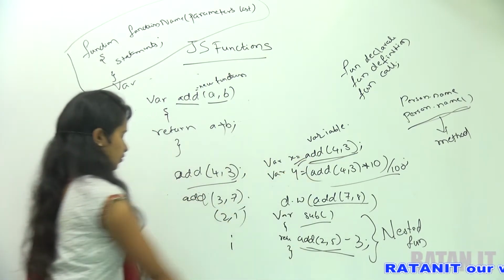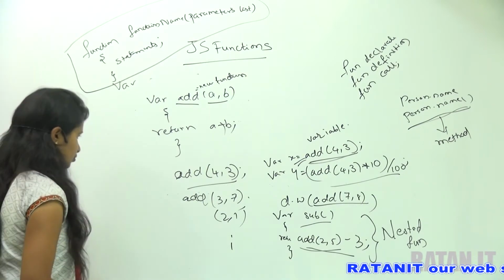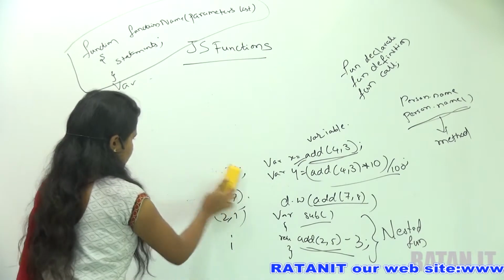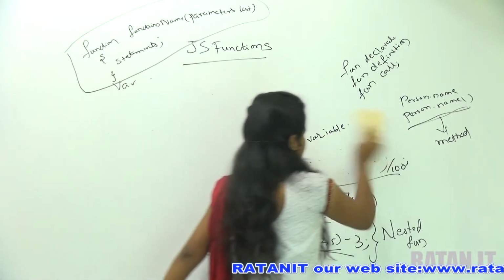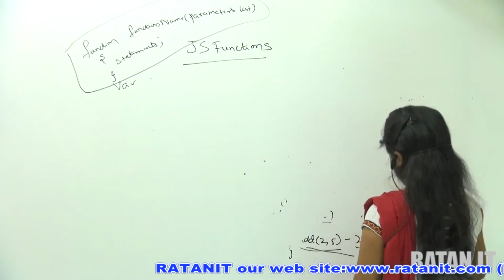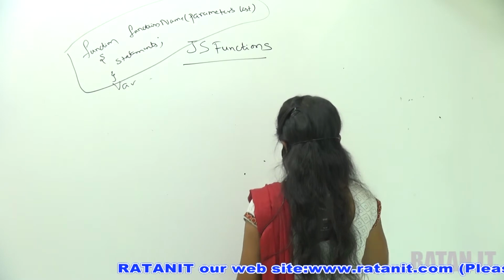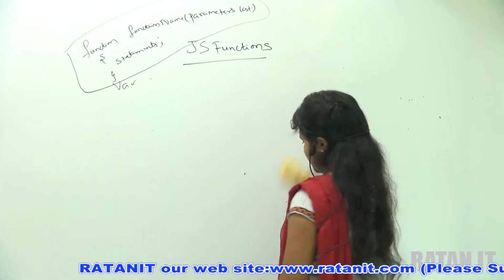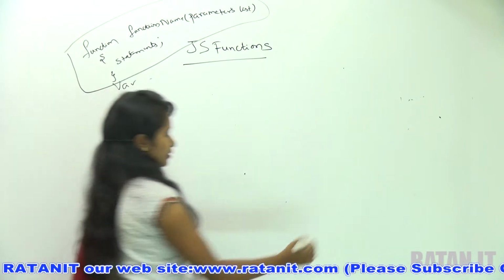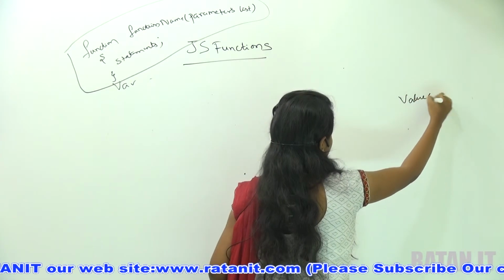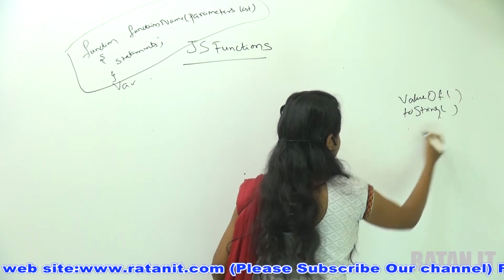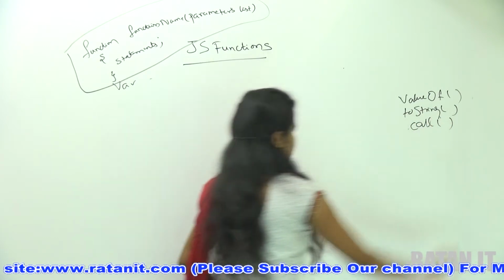Let us suppose I can also assign this to a new variable and I can retrieve that variable like this. And let us suppose I am having 2 objects with a function. With the call method, there are so many methods, like the value of, toString of, call of function is also there.